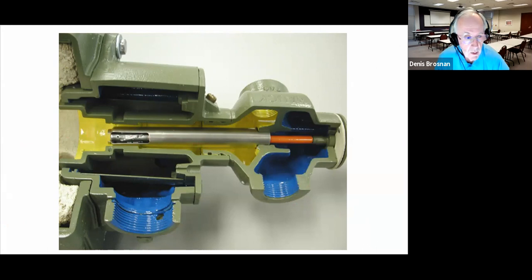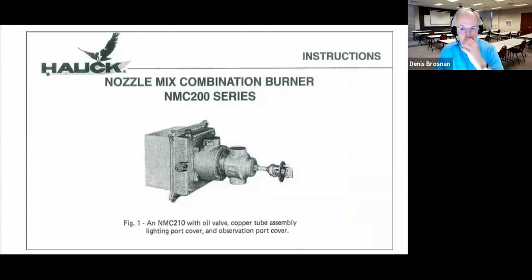Now, each burner has a burner bulletin. This was the MC200 series burner, back when Hauck was an independent company. I'm sure that Honeywell Hauck is illustrated on the burner bulletin today.